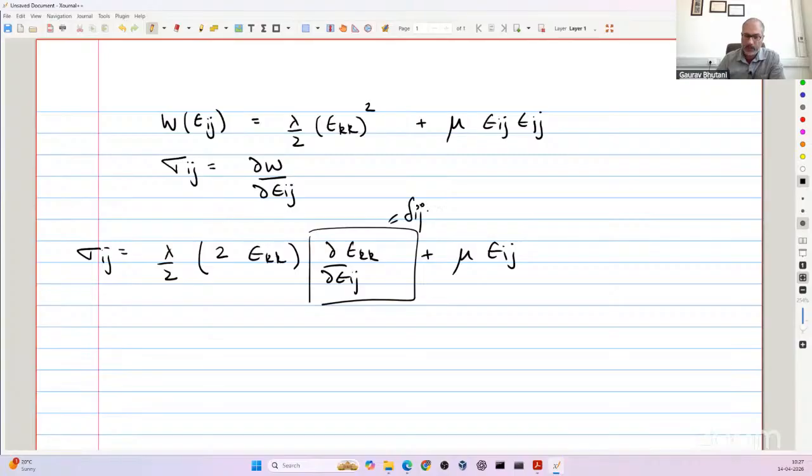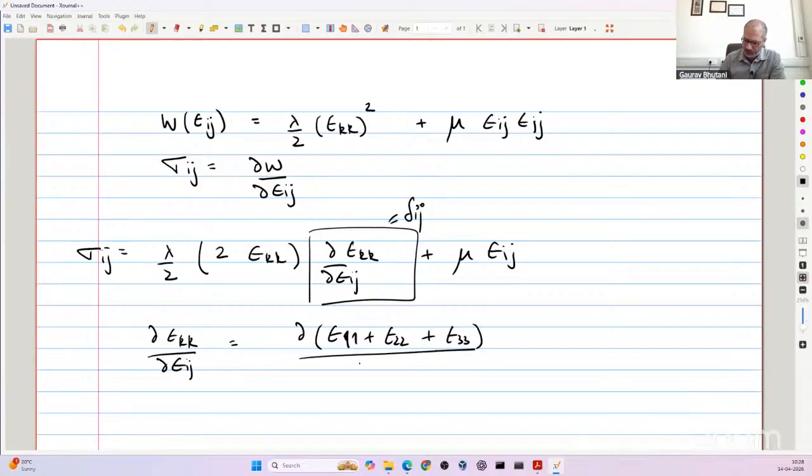Well, the easiest thing to do is to see the definitions. So del epsilon kk by del epsilon ij can be expanded to del of epsilon 1 plus epsilon 2 plus epsilon 3 upon del epsilon ij.